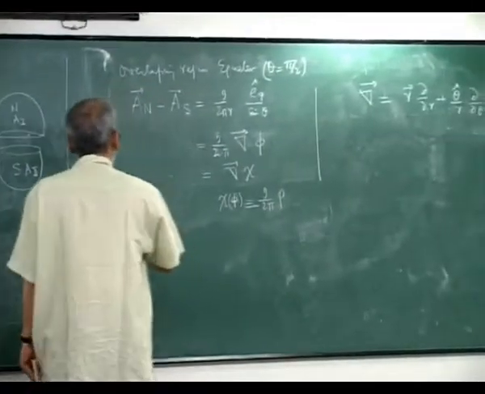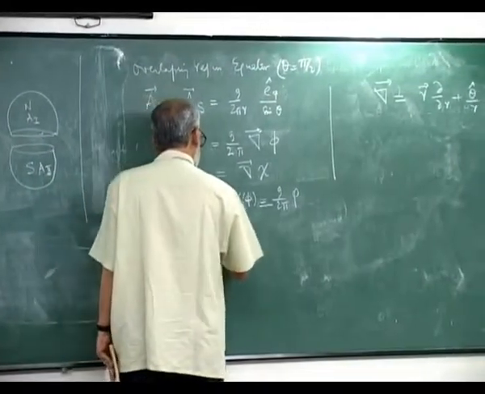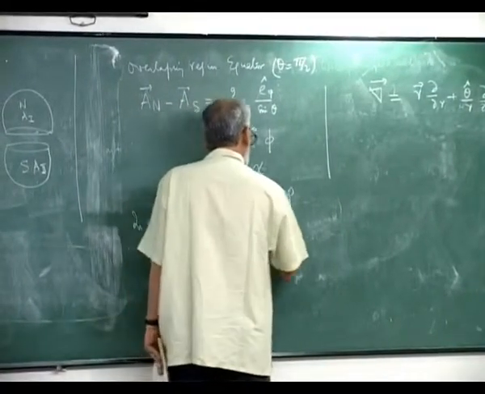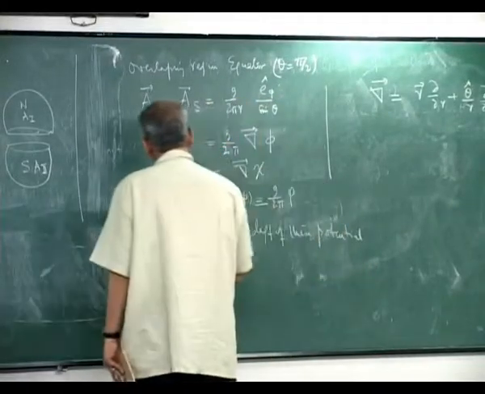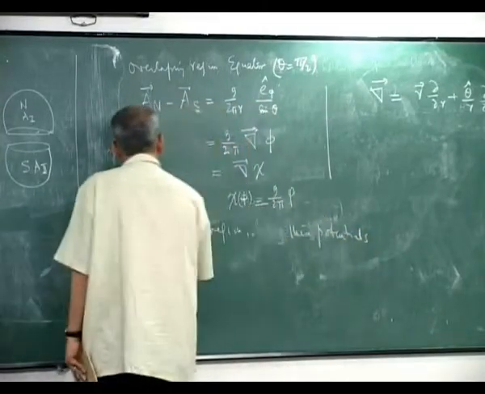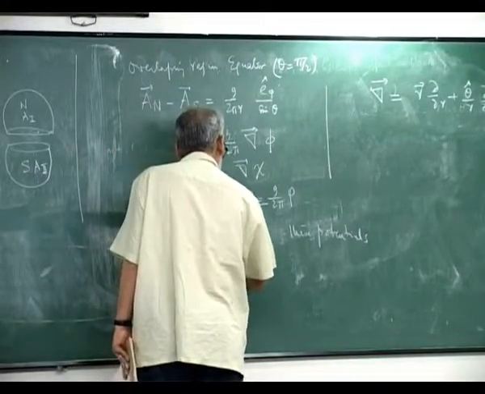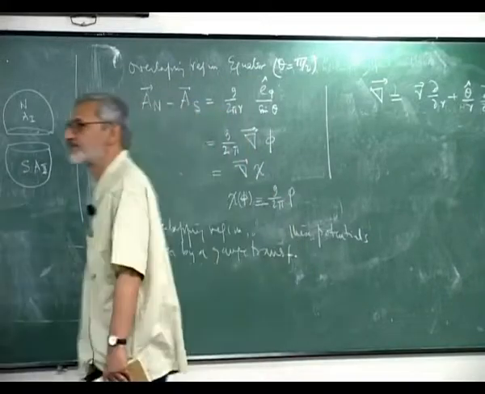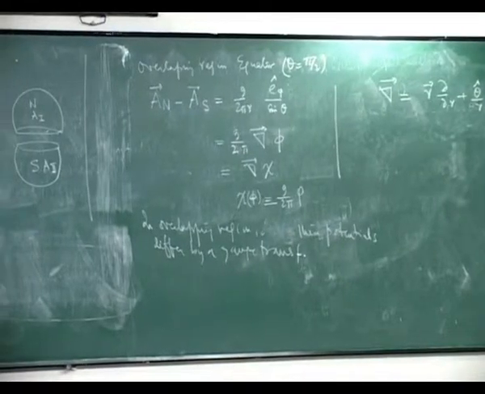So the difference in the overlapping region, the difference of these two potentials, these two potentials differ by a gauge transformation, because that's how the gauge transformation of a potential works: it is the derivative of some angle, grad of some chi.